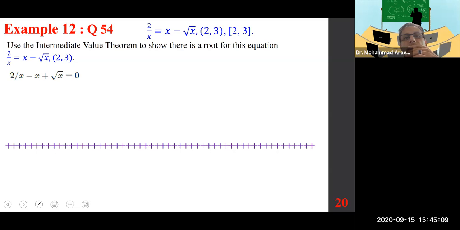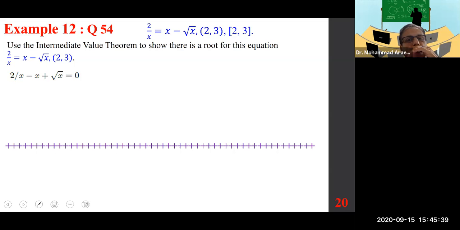We are going to see whether it's continuous from 2 to 3 first. And then we're going to evaluate it at the endpoints 2 and 3 and see what happens. Sometimes you have to figure something in between, by the way.